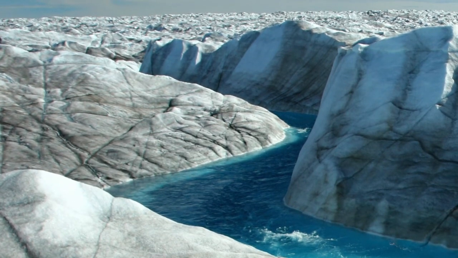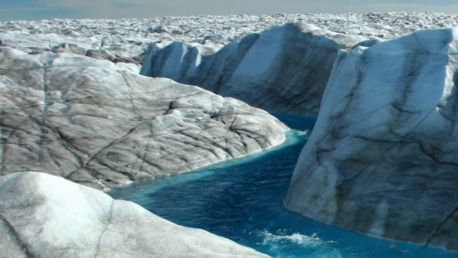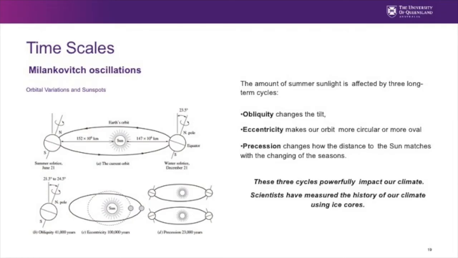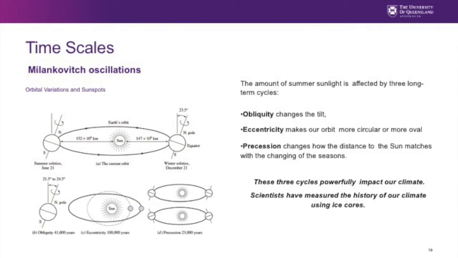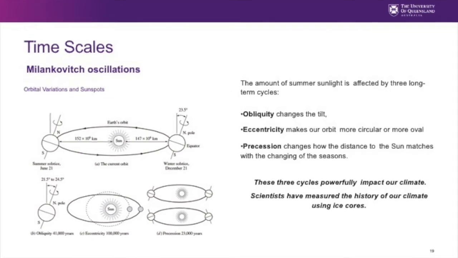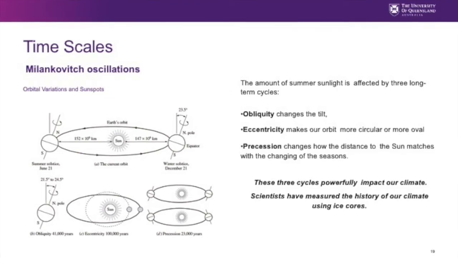Imagine, this can end ice, and this can also finish ice ages. So there are three primary orbital cycles, and the shape of the Earth's orbit oscillates from elliptical to more nearly circular with a period of 100,000 years. This is called eccentricity.